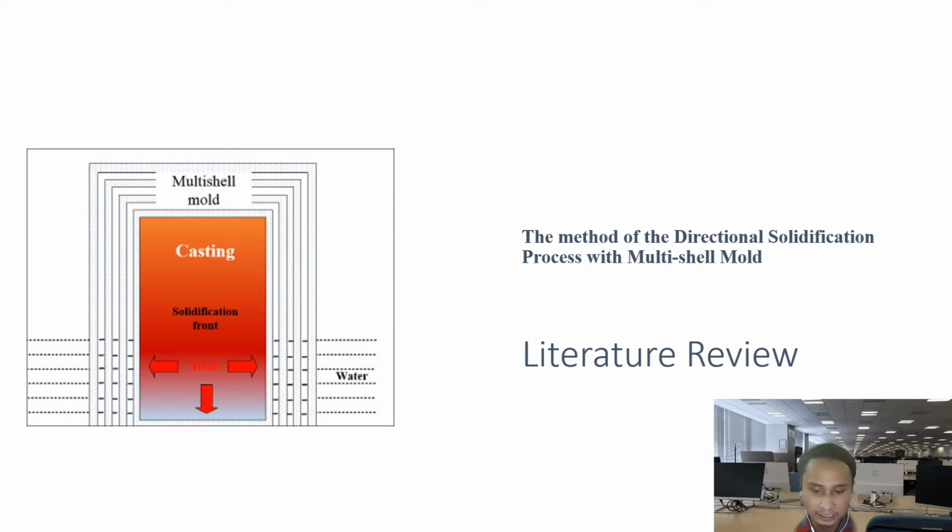The multi-shell structure may strengthen the thermal insulation effect of the mold, so it delays the cooling of the top of the casting to provide a bigger temperature differential near the solidification interface along the height direction of the casting. Eventually it is possible to construct the solidification with the front of solidification being pushed by the increase of the water level.